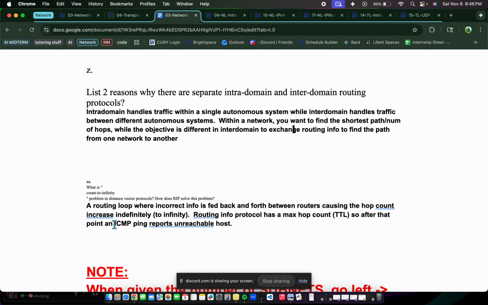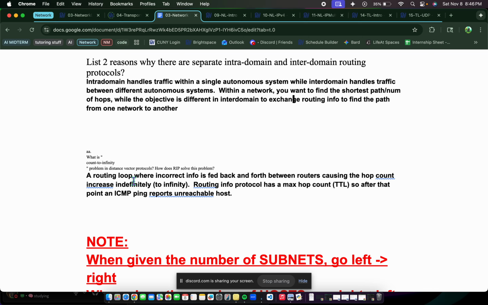And then lastly, for the short answers, what is the count to infinity problem in distance vector protocols? How does RIP solve this problem? So when we have routers, we could essentially use the TTL, the time to live, to find out the hop count between these 2 routers.